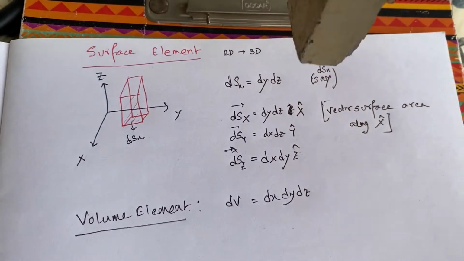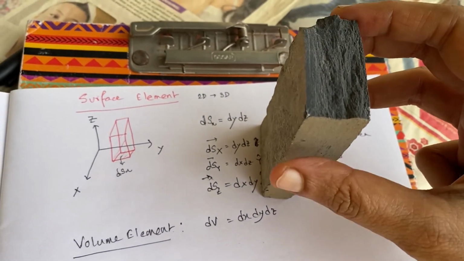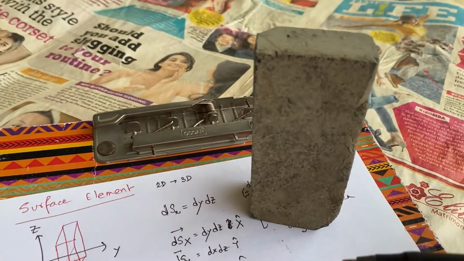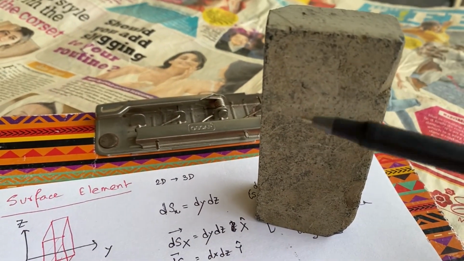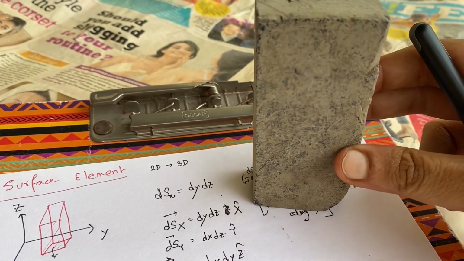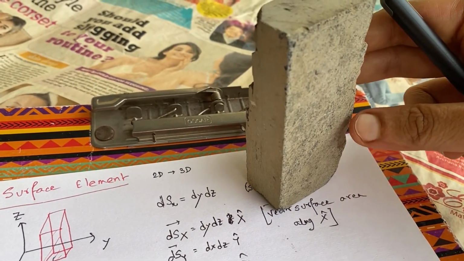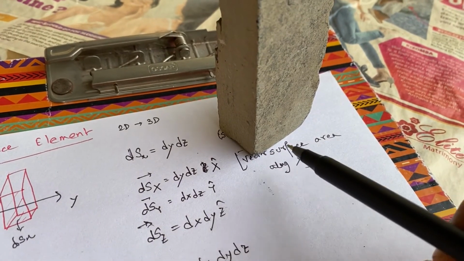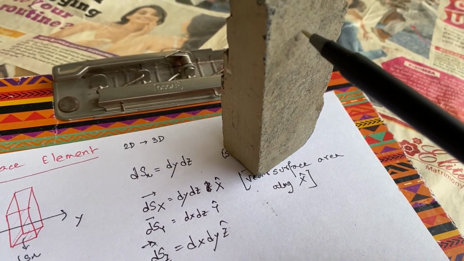Now if I want to calculate the area of this surface, first we need to make a choice of the coordinate system. This is the x direction, this is the y direction, this is the z direction.